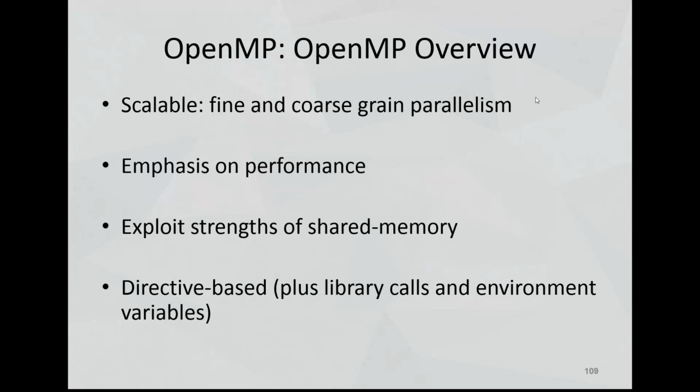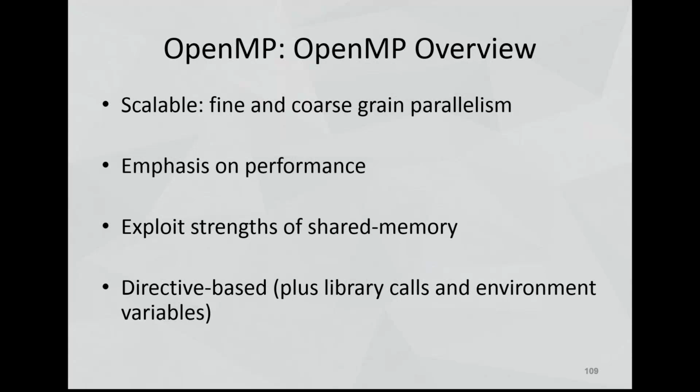So OpenMP is very scalable. It is both fine and coarse grained for parallelization. The emphasis is on performance, which is very good. The idea is how fast you get things, so the benefits of how quickly we can run is what it's about.